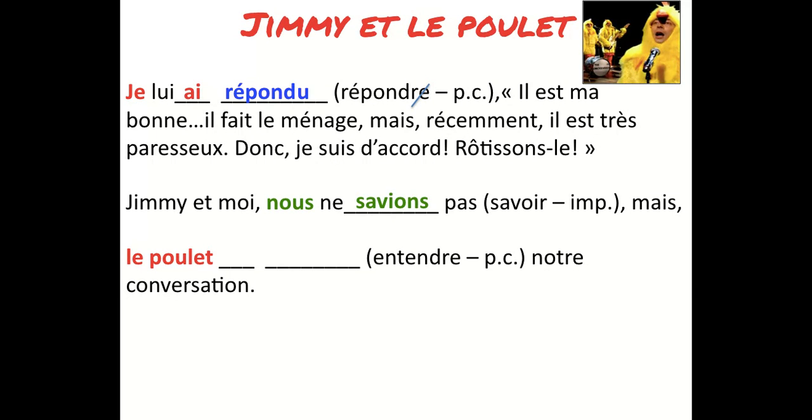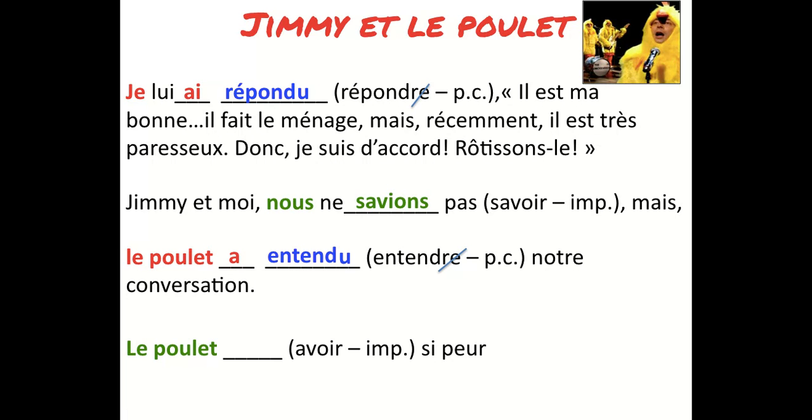So we're going to treat it like il singular. So, verbe auxiliaire, a, participe passé, entendu. Le poulet a entendu notre conversation. Ok, phrase suivante. Vous conjuguez le verbe avoir à l'imparfait avec le sujet le poulet.